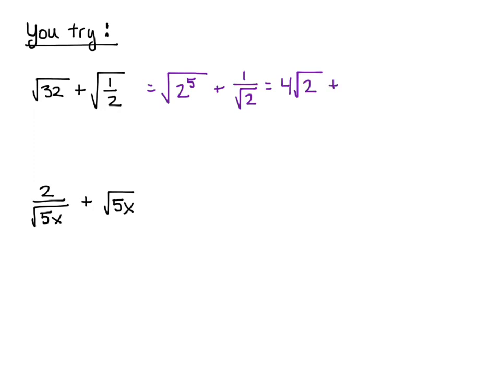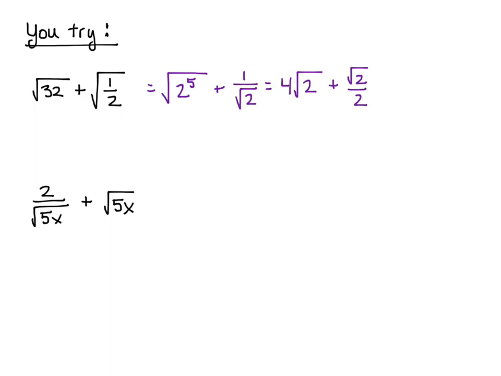And then I'm going to rationalize 1 over the square root of 2. If I multiply that, and I guess I should have shown the one step here, if I multiply that by square root of 2 over 2, square root of 2 times square root of 2 is just 2, and so I have the square root of 2 over 2. And this is the same thing as 1/2 times the square root of 2.